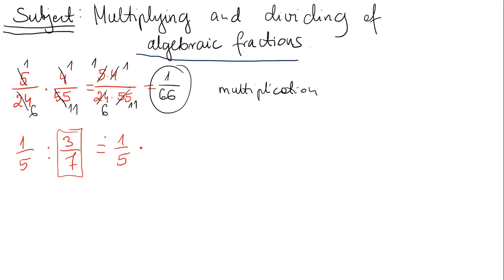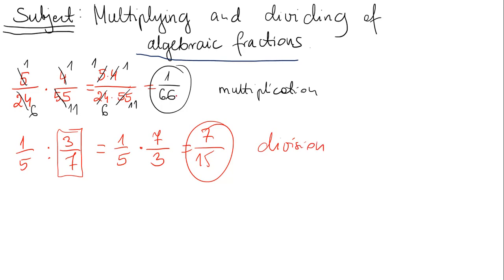So we need to change the numerator and denominator. So now 7 goes to the top and 3 goes in the bottom. And then we have simple multiplication. So we can see if we can cancel down some numbers, but well, we can't here, 1, 3, 7, 5, so we cannot cancel any numbers. So we multiply 1 times 7 and 5 times 3. It's 15, right? So this is division.